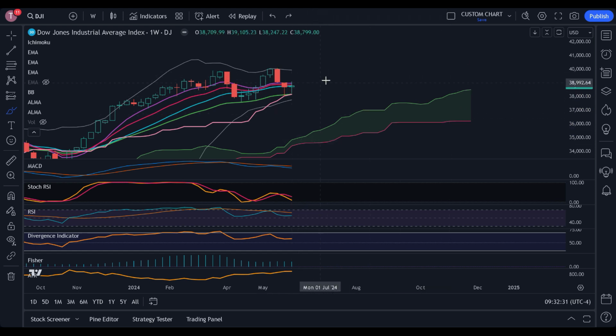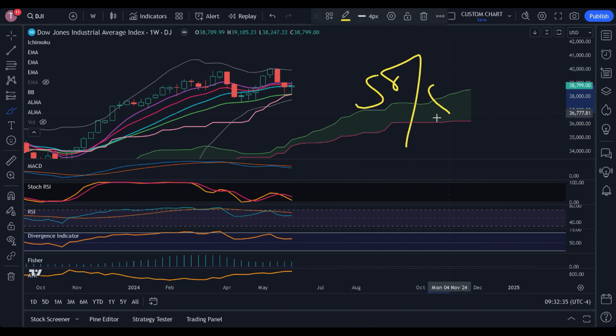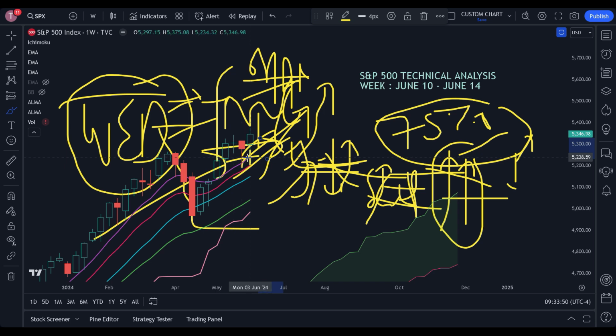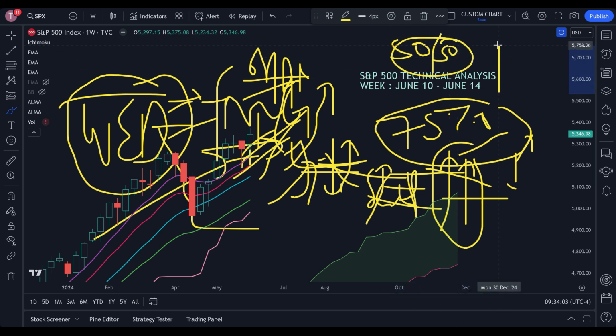So now what we can see here in the case of the Dow Jones on the weekly chart is that the Dow Jones is 50, or more into the bearish side. Now remember last week what I mentioned in the case of the S&P 500: I think that was a daily chart, the S&P 500 was 50 on the daily chart, but it was more into the bullish side.